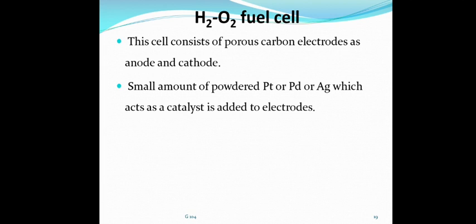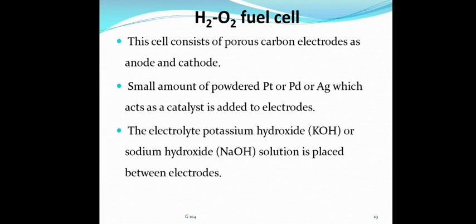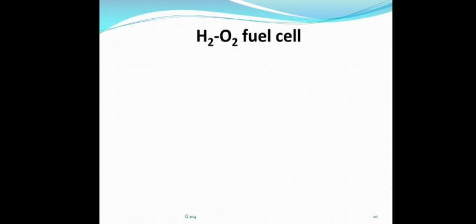They act as catalyst, they speed up the reaction. At the center we take potassium hydroxide or sodium hydroxide, a strong alkali, as electrolyte, which is placed between the electrodes. The two electrodes are connected to a voltmeter.